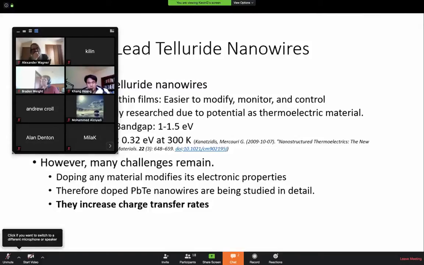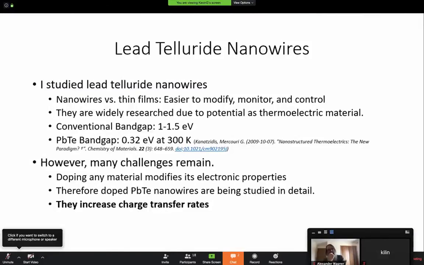Okay, so now that I got the background information out of the way, I can talk about what specifically I'm studying, which is lead telluride nanowires. Now, some of you might be thinking, we can use lead telluride thin films.